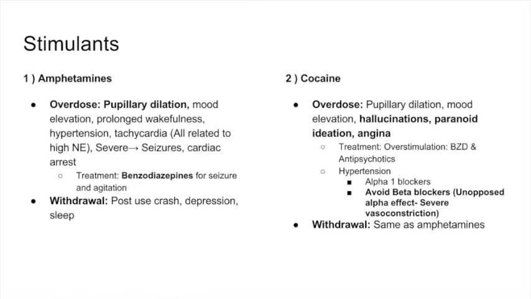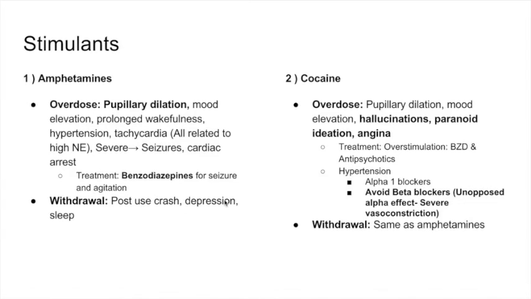We call that unopposed alpha effect because the alpha receptors are very stimulated. You get severe vasoconstriction, severe hypertension, and you can also get some limb ischemia because the vasculature is so constricted. That's why we want to avoid beta blockers. Withdrawal of cocaine is the same as amphetamines.